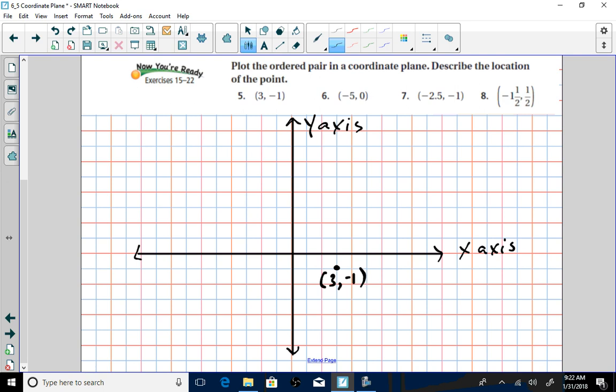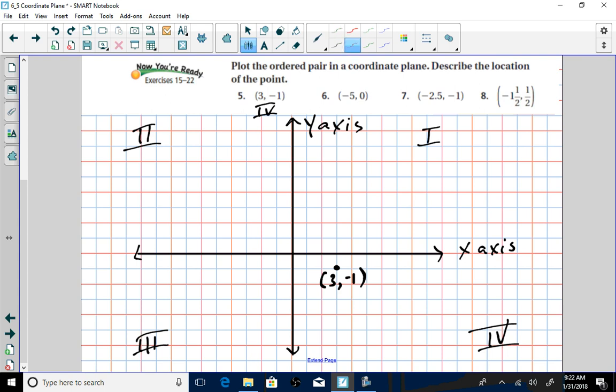So I would say that point is located where? Here we have quadrant 1, quadrant 2, quadrant 3, quadrant 4. So that is located in quadrant 4. So I'm just going to put an IV here. Located in quadrant 4.